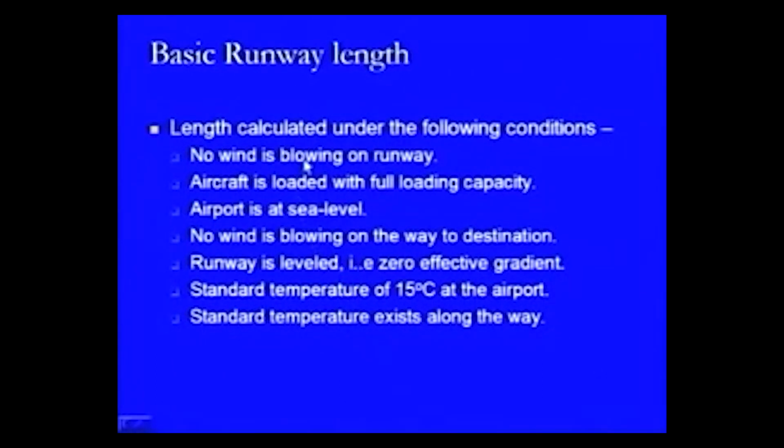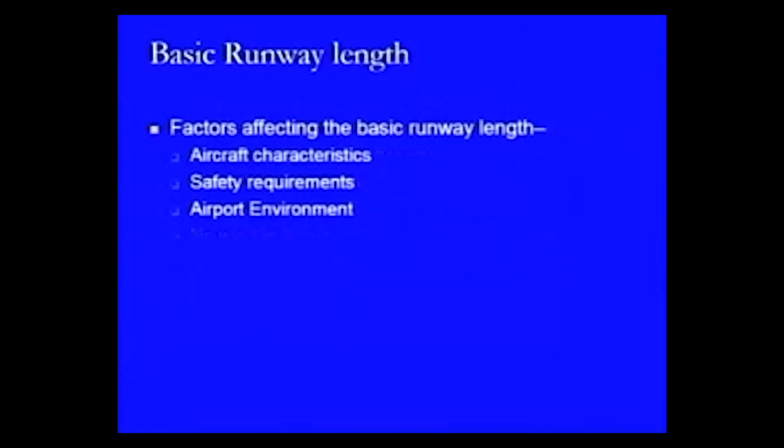So, based on these assumptions, then we try to calculate the length of the runway, and if there is any deviation from these assumptions, then the correction has to be provided, so that the length of the runway can be increased or decreased accordingly. So, these are the things which otherwise will also be creating an effect on the length of the runway and its computation, and that is what we will be looking at when we go to the computation of the runway length based on different correction factors.